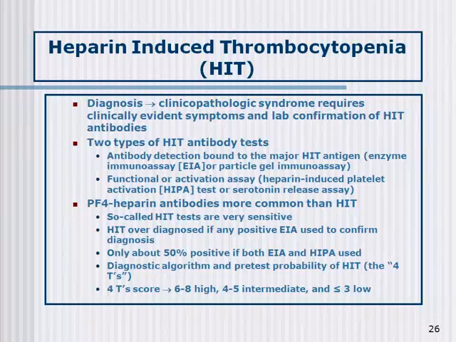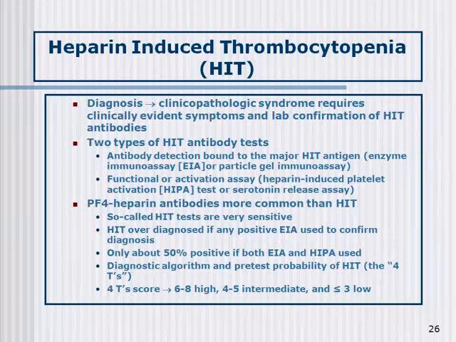And so generally, if you do both tests, then you can reduce the amount of false positive diagnoses. There is a diagnostic algorithm, if you will, called the 4 T's, which we're going to look at next.